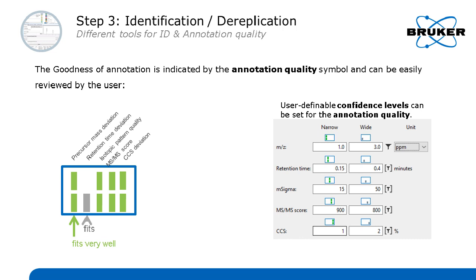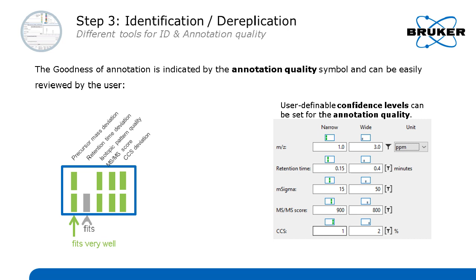And this annotation quality score is very useful if you want to have a quick overview on how good your annotation is. So you will see that for every qualifier, you have one entry in here, and you can have 2 green bars for a perfect match, or 1 gray bar for a medium match, or even no bar if this information is not present in your data because, for example, CCS value is only available on ion mobility instruments, of course.